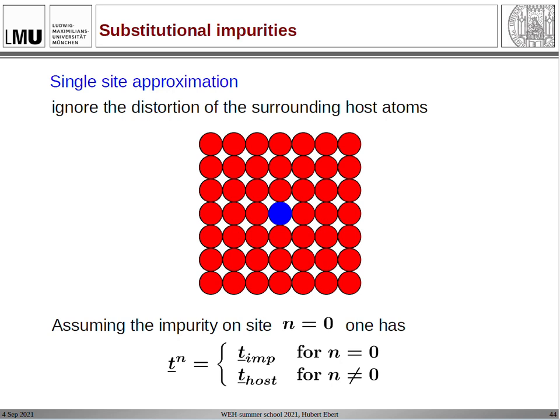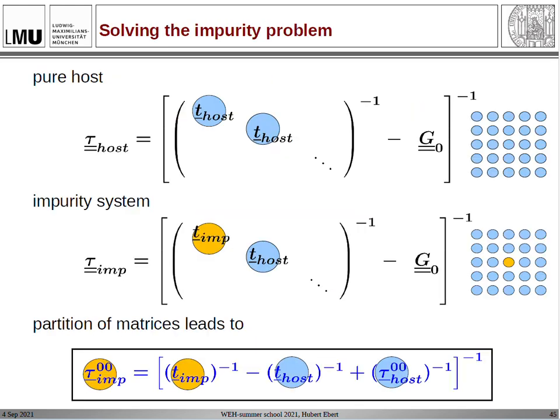For us, concerning multiple scattering, it simply means we take away the T matrix for the host and plug in the T matrix for the impurity. That means our T matrix is site diagonal. We have all the same entries originally for all the host atoms, but now for the impurity atom, one is replaced and we have the corresponding T matrix.